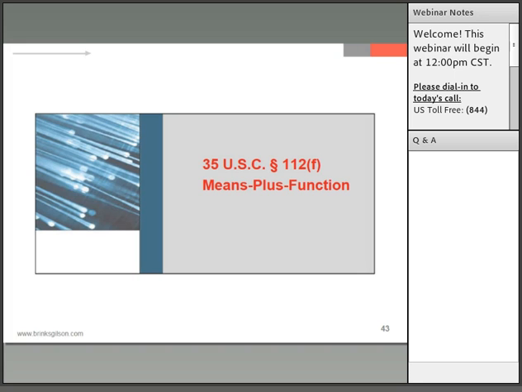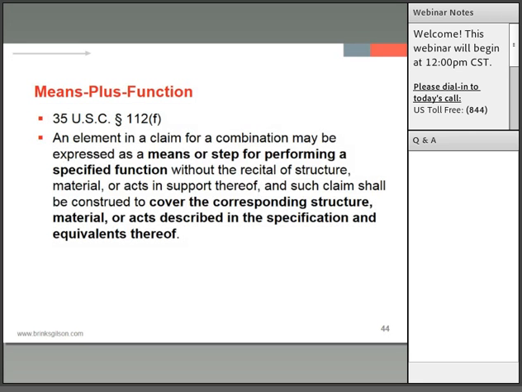So another issue that has come up more recently is the means plus function language, which is now dealt with in section 112(f) of the patent code, so formerly section 112, paragraph 6.